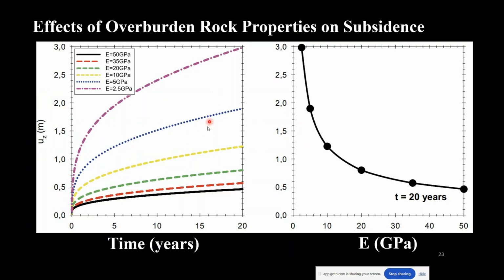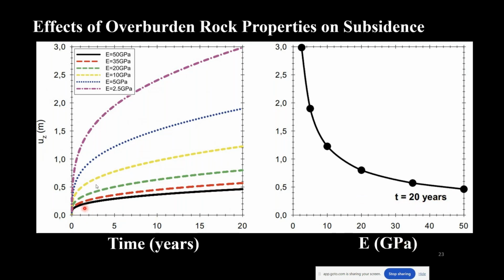And these plots here show the subsidence, which is the vertical displacement at the surface over the mining field over a long time, and this is the subsidence with the Young's modulus adopted for the overburden rock mass, and this is after 20 years.